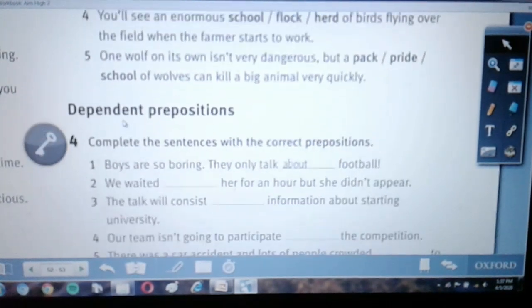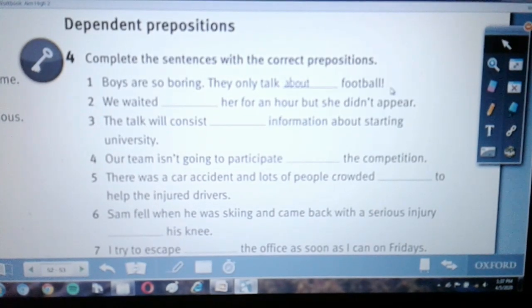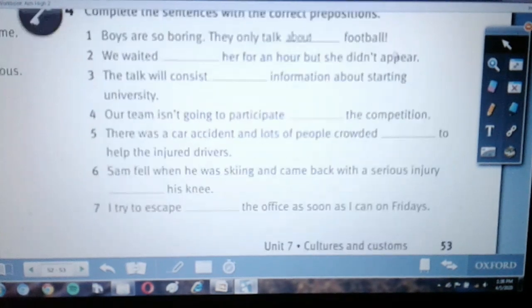And the last thing you have to do is part 4. You need to complete the sentences with the correct prepositions. For example, number 1. Boys are so boring. They only talk about football. Not talk to, not talk with. So please finish the rest of the numbers.